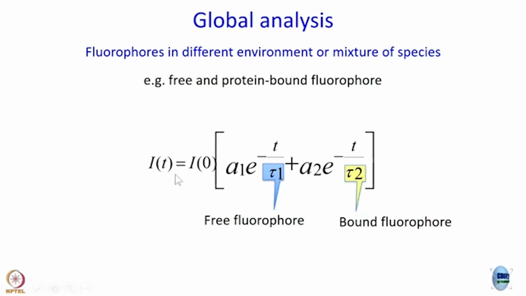Now, when I do a titration, what should happen? Suppose I have 10 sets of data where the concentration of fluorophore is the same, and the concentration of protein to which the fluorophore binds increases from 0 to some value. In all these sets, do I expect the tau 1s to be the same or different?